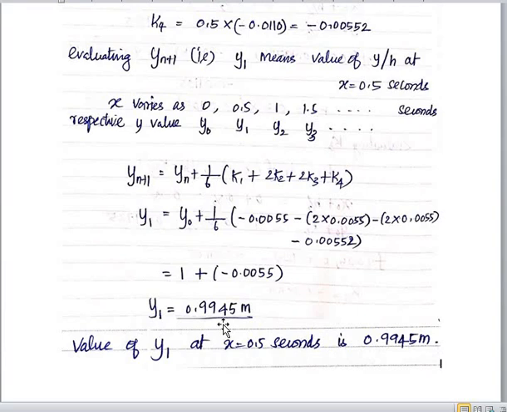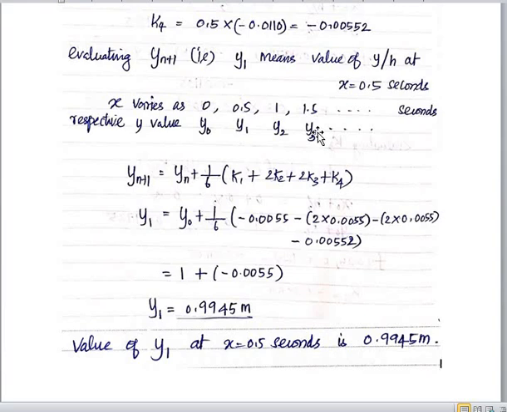Because here we have written y2 means at x equal to 1 second. So up to 20 seconds, you can think about how many iterations or steps we have to proceed. For 1 second, you have to do the steps 2 times, then for 20 seconds, multiplied by 20, 40 more steps you have to do.